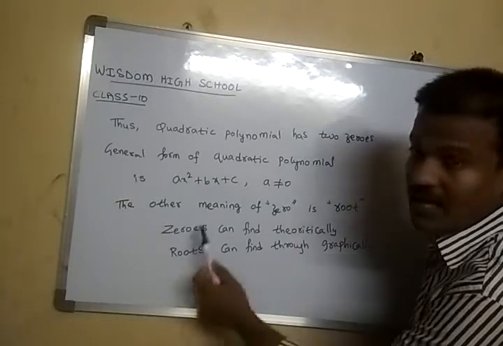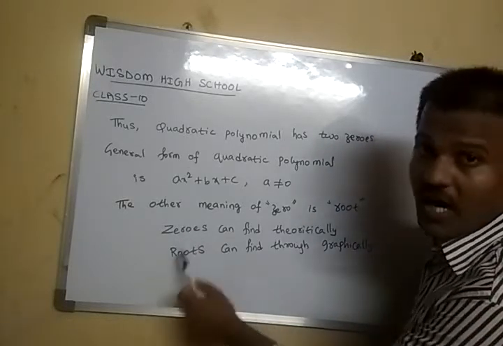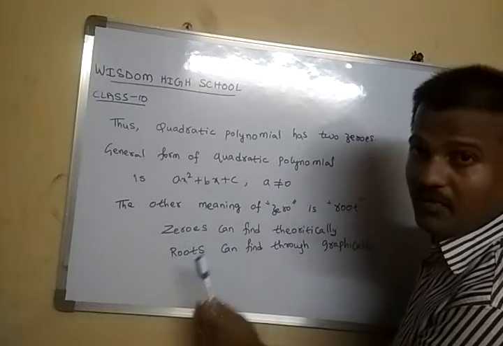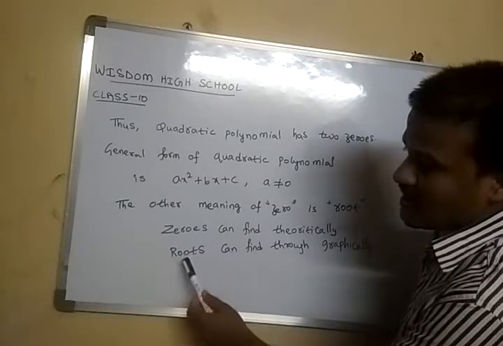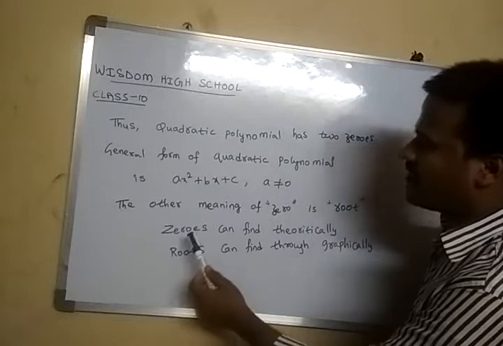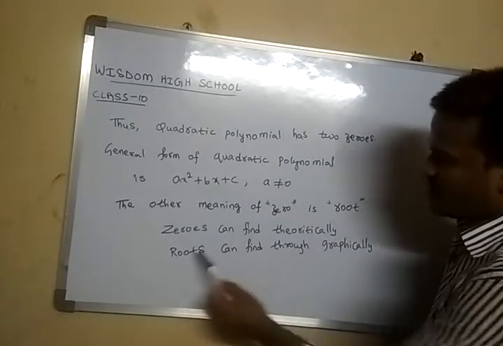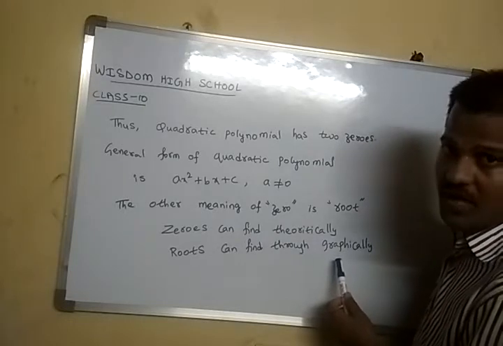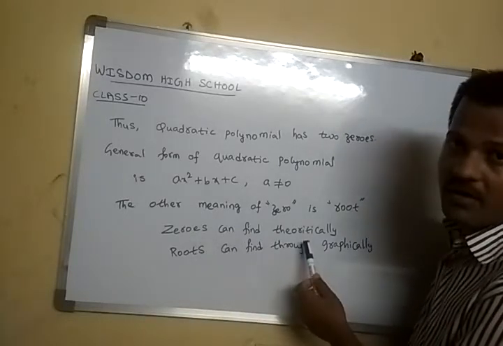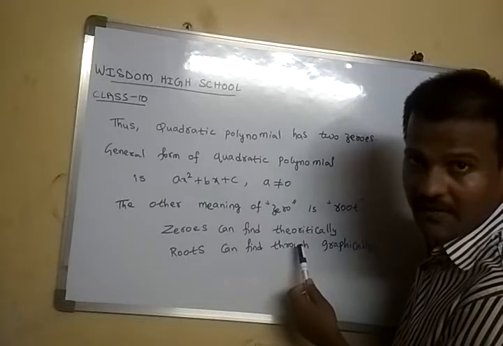So both have the same meaning and the same values. Zeros are nothing but roots, but the way of finding them is different. Roots we call when we solve graphically, zeros we call when we solve theoretically.